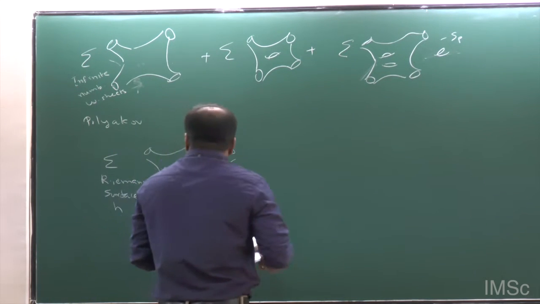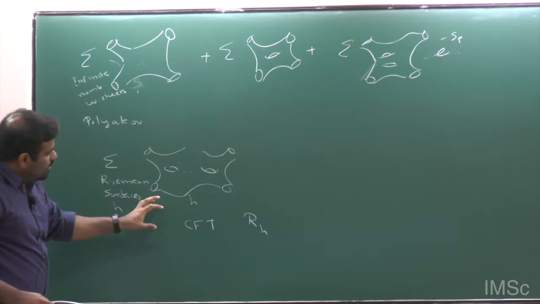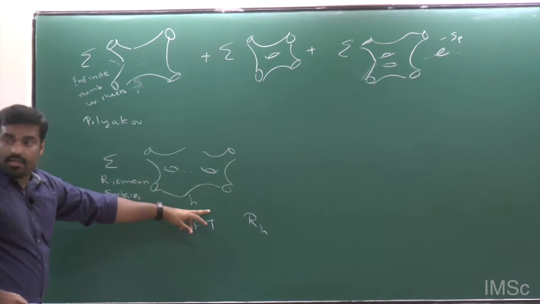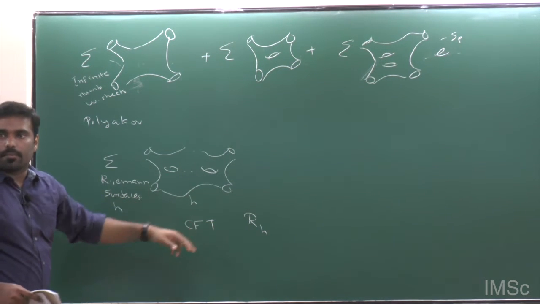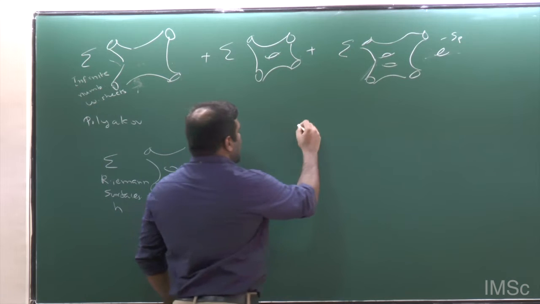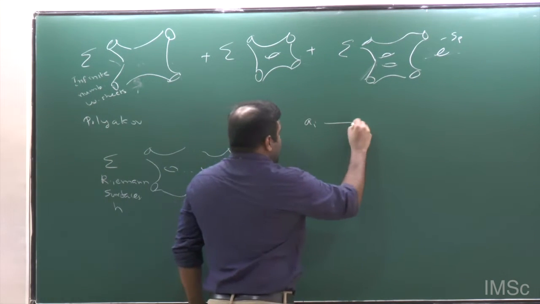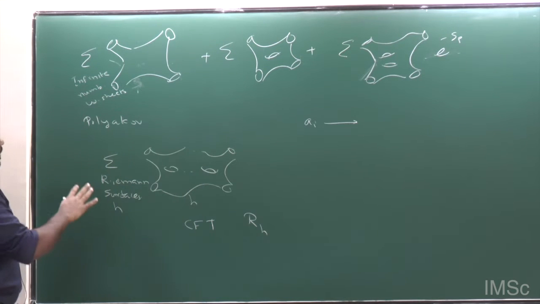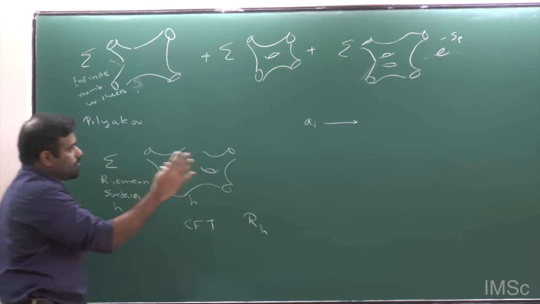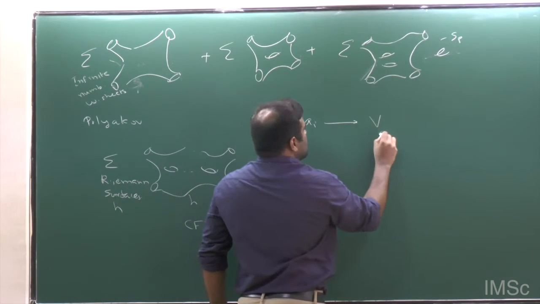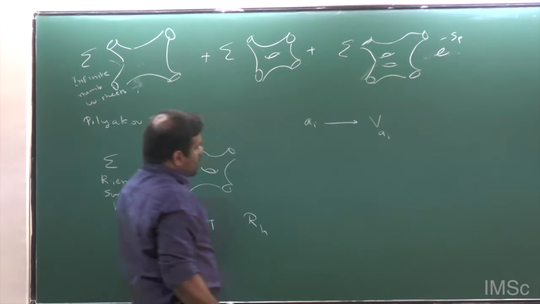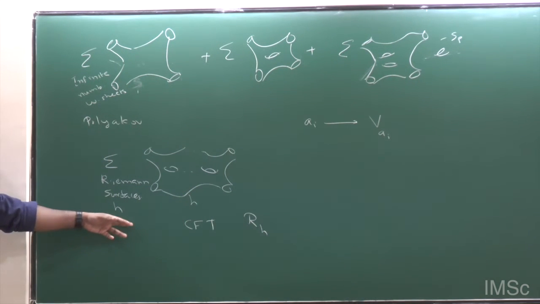And moreover, the external string states can be mapped to a particular operator in this world sheet conformal field theory. Say you have a particular state having quantum number ai, then the state operator mapping says that that string state can be thought of as a specific operator, which people usually call a vertex operator in conformal field theory.